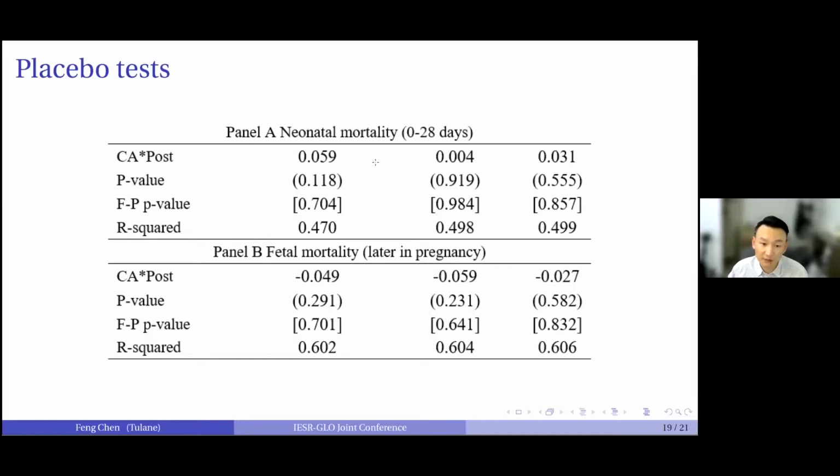But if that were true, we would also expect a significant reduction in the neonatal mortality rate and fetal mortality rate. However, all those results on the two placebo outcomes are not statistically significant. So this rules out the possibility that our main results were caused by simultaneous shocks in California.